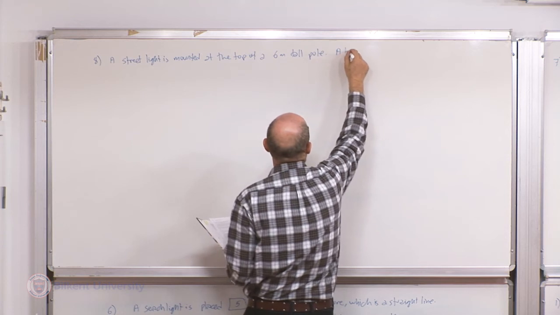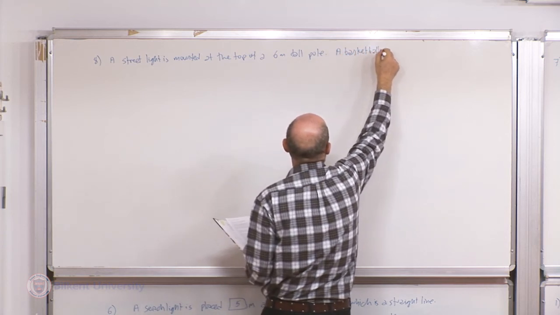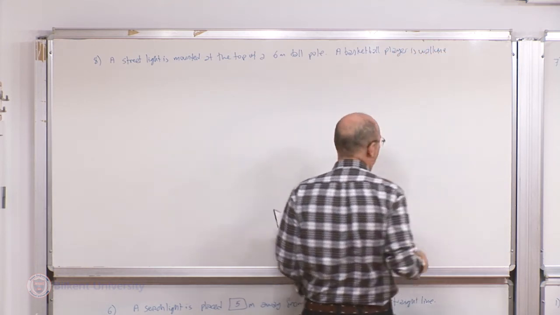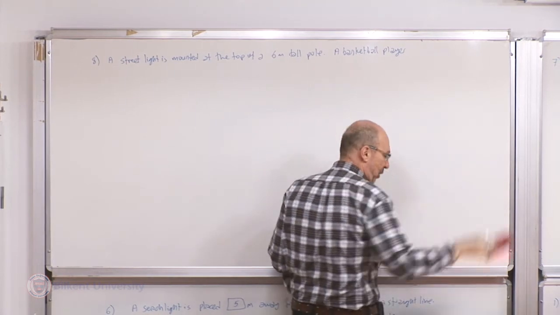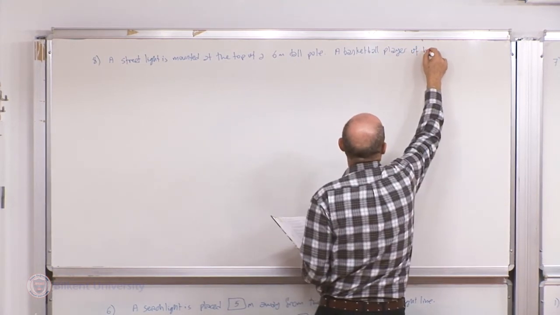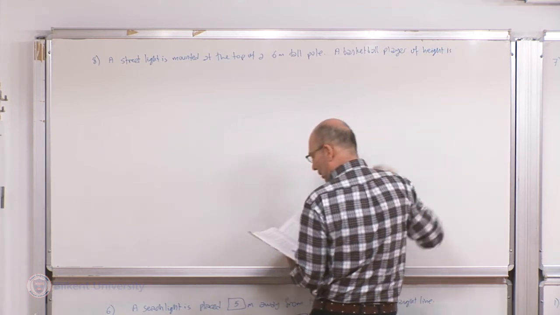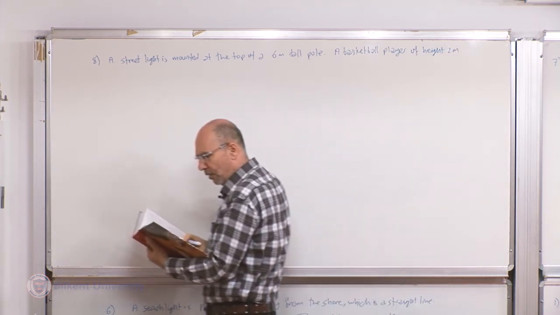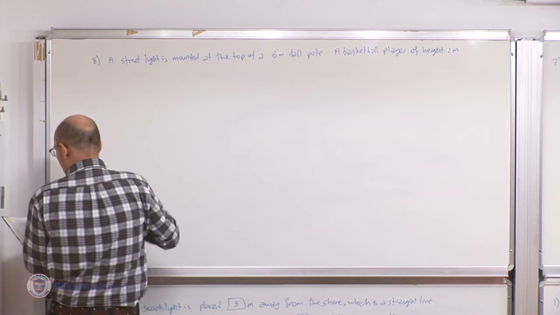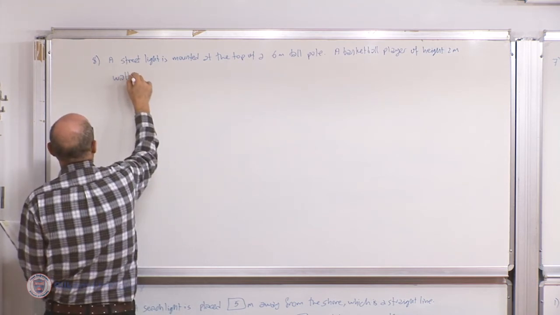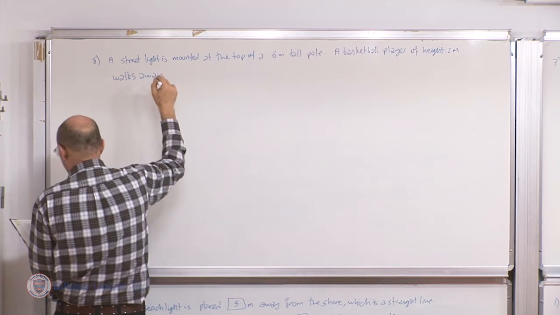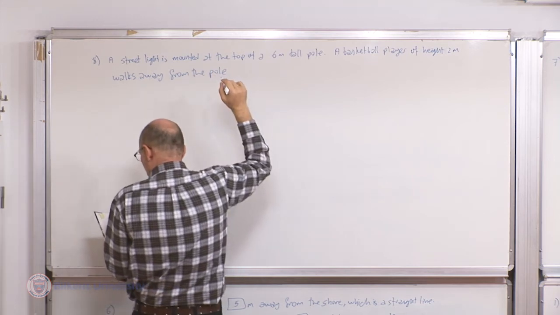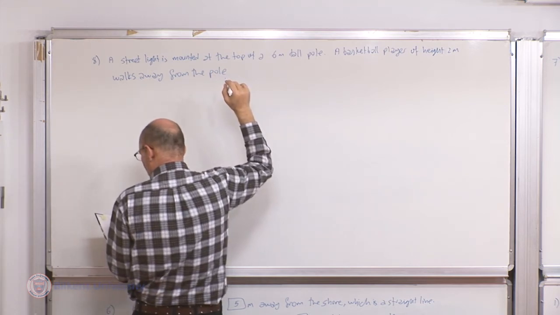Okay, let's say a basketball player of height 2 meters walks away from the pole with the speed of 1.5 meters per second.